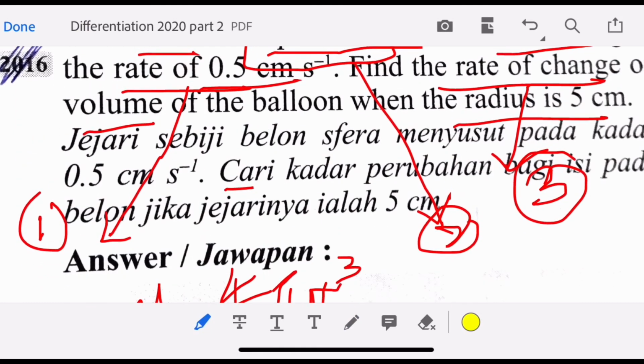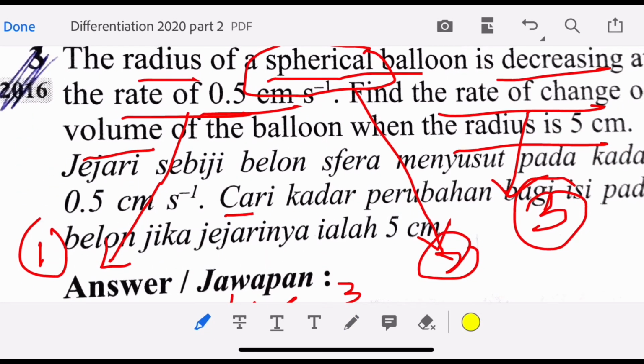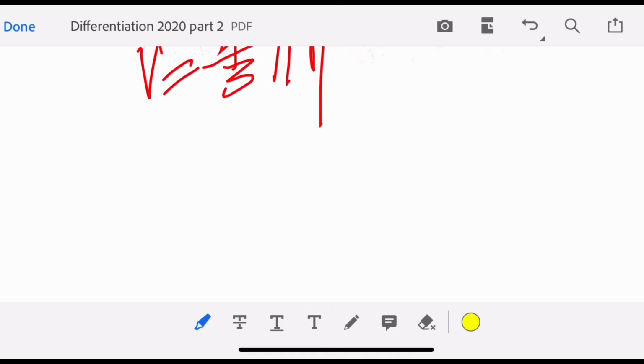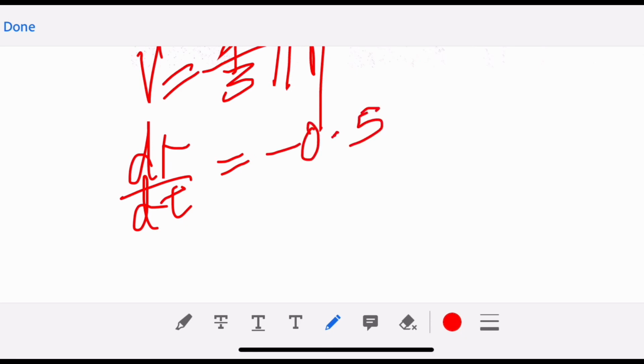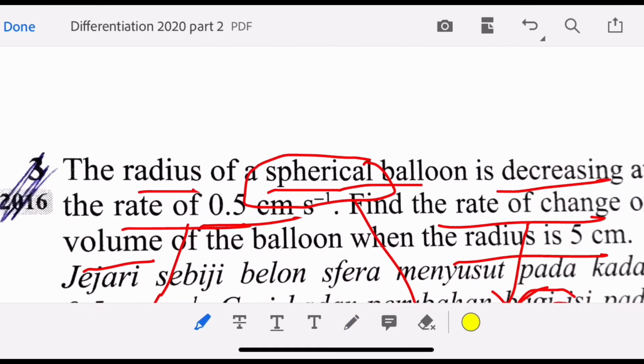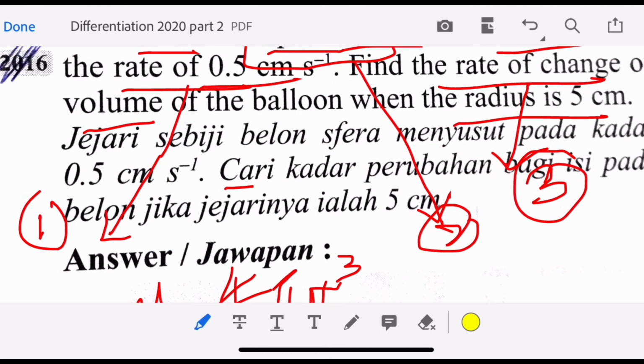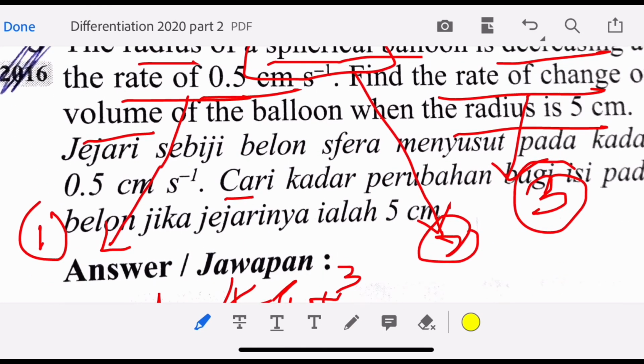You can start with any one. You write down first the information based on the question. So right now I'm going to write dr/dt. This is given in the question. Negative. Why negative? Because of the decreasing. Negative 0.5. Then I will write the second one.